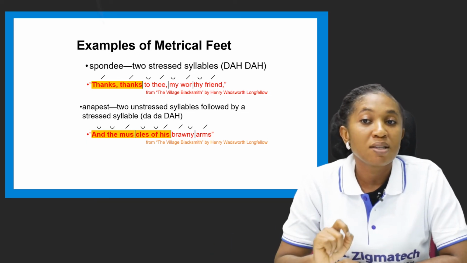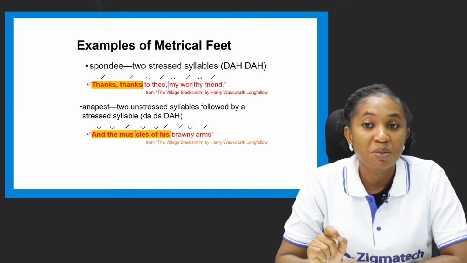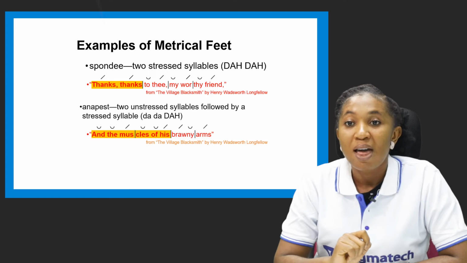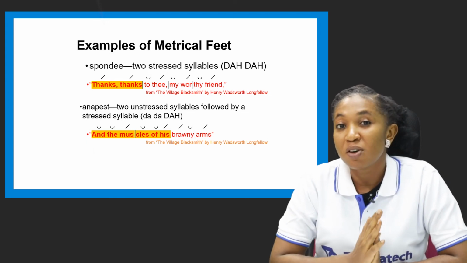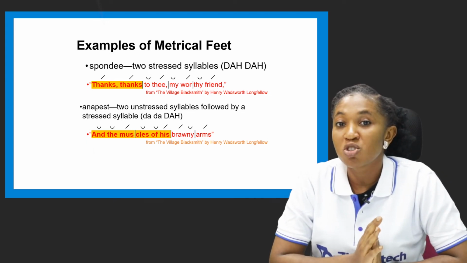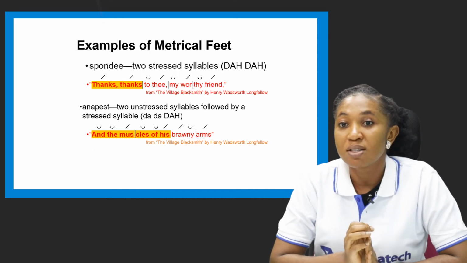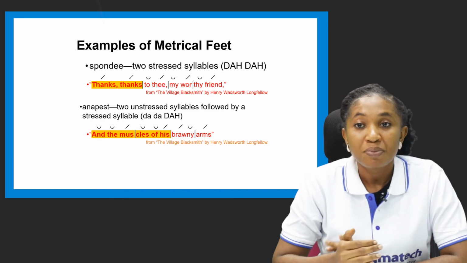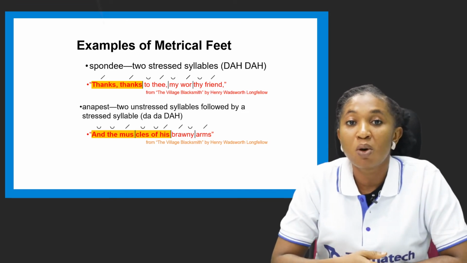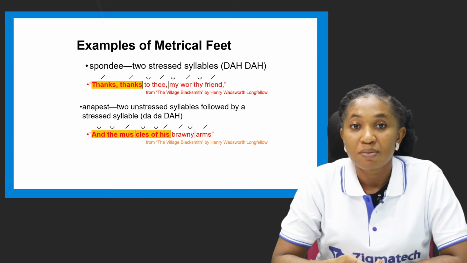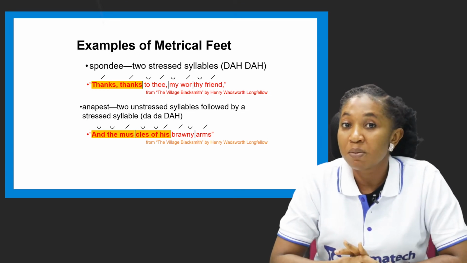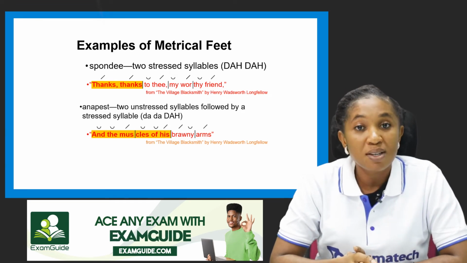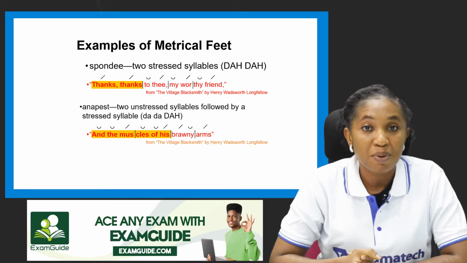In the highlighted part, we have "and the" being unstressed, and then the first part of the word muscle being stressed, that is "MUS," the stressed syllable of the word. This pattern is an example of what we call anapest. Remember, we've talked about iamb, trochee, spondee, and now anapest.